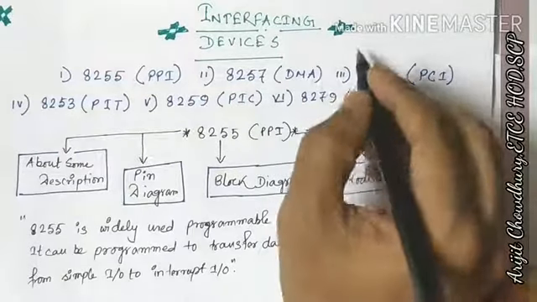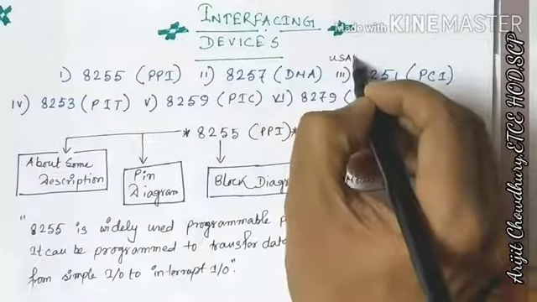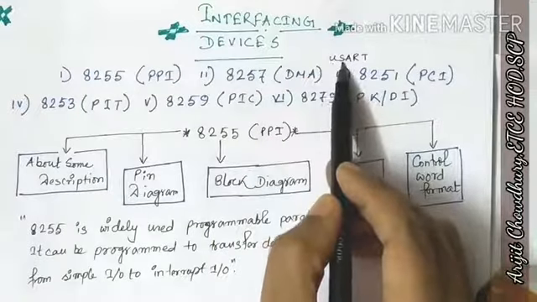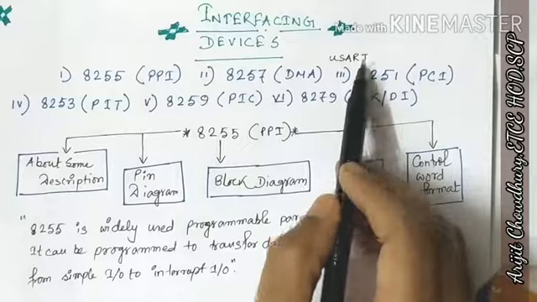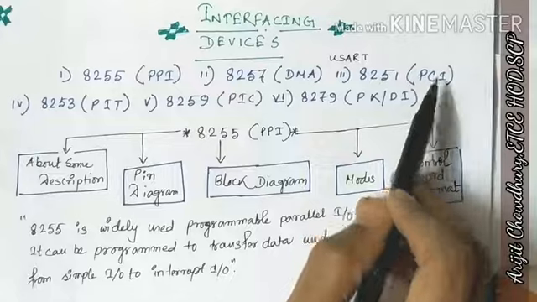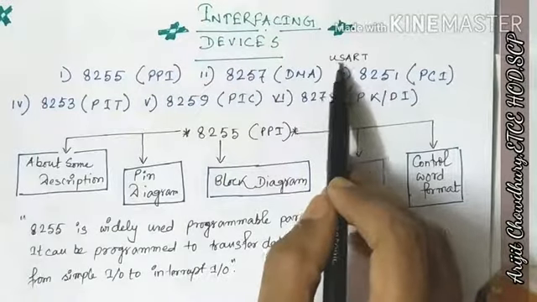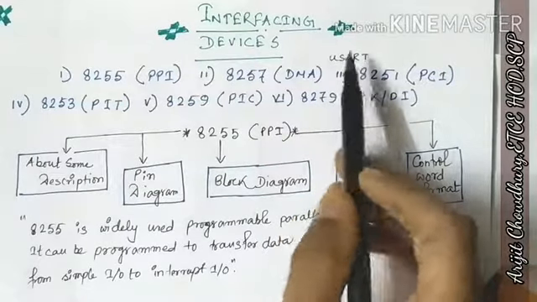It is also known as USART, Universal Synchronous Asynchronous Receiver Transmitter.